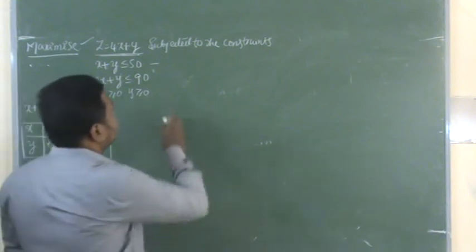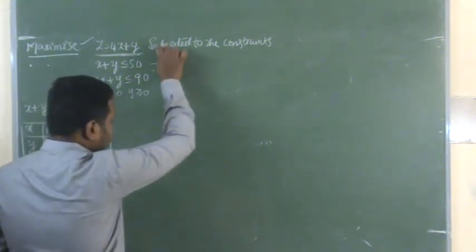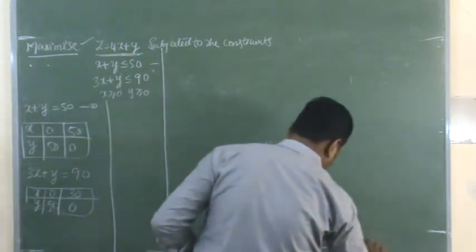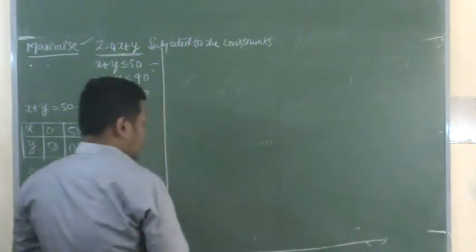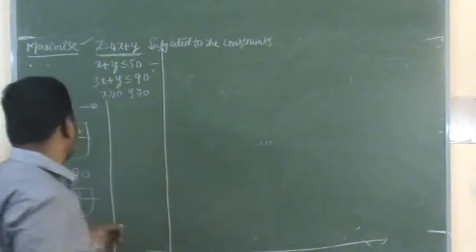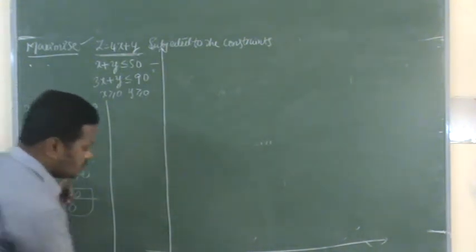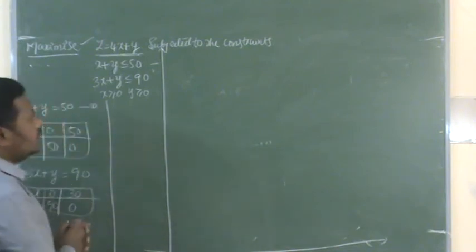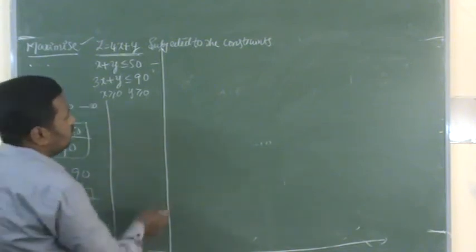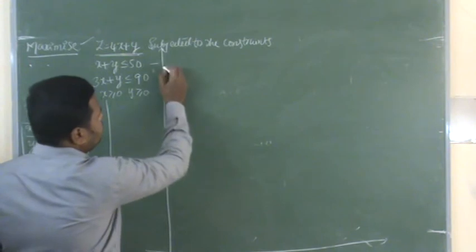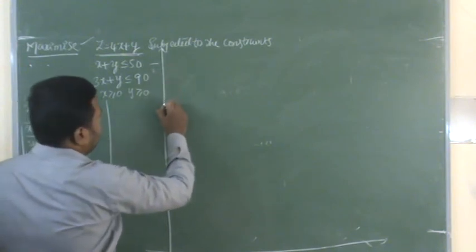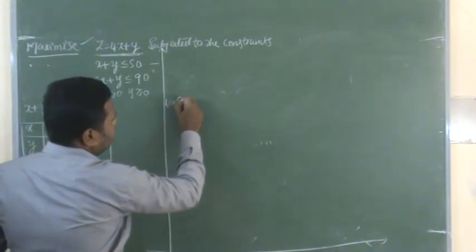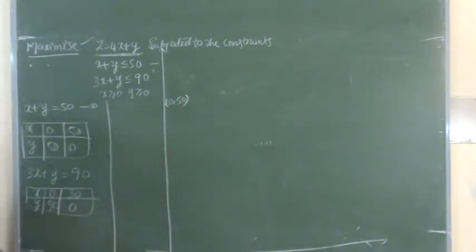Now plot the graph. Here x equals 0, y equals 50, so that is the point 0 comma 50.